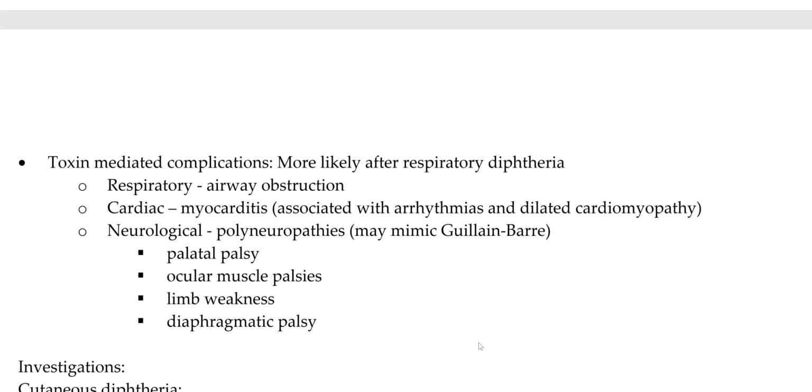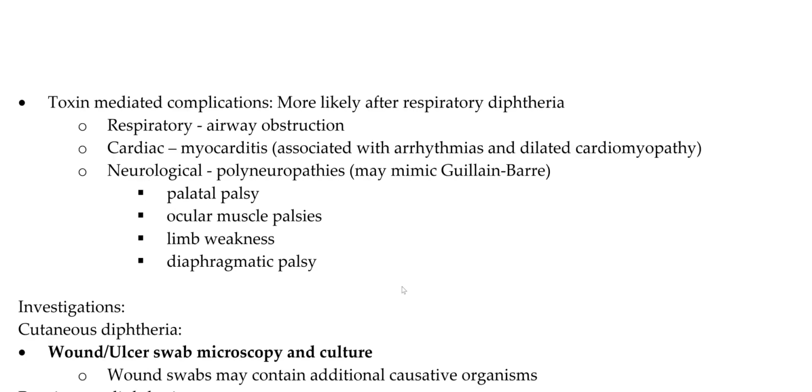Neurological polyneuropathies are seen and may mimic Guillain-Barré syndrome, with palatal palsies, ocular muscle palsy, limb weakness, and diaphragmatic palsy. So various neurological manifestations and paralysis are seen. So these are the complications of diphtheria.